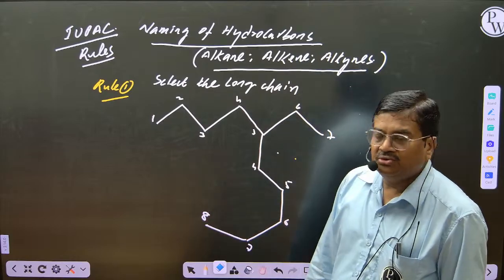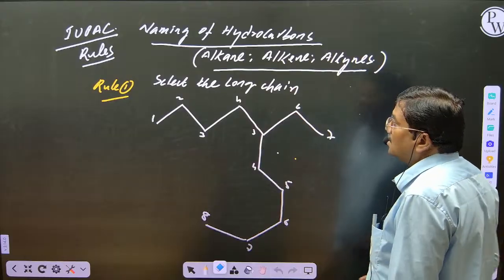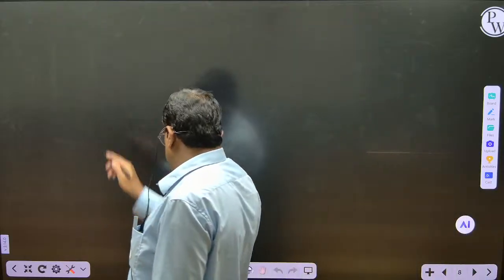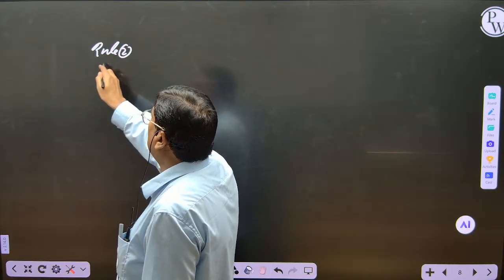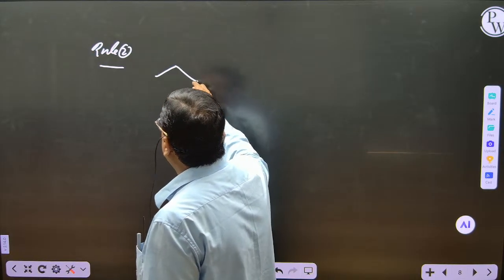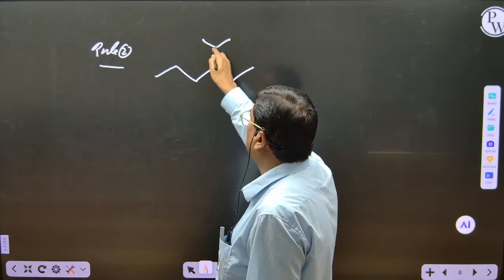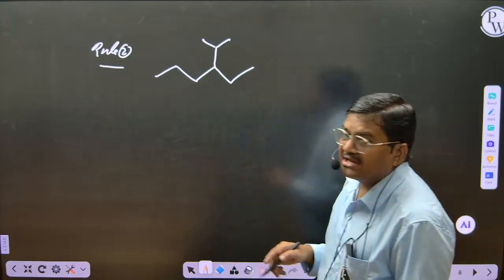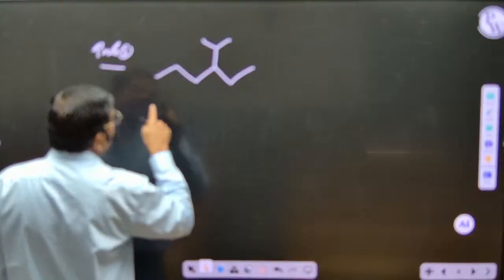Now write rule 2. Observe rule 2 carefully. I give you a bond line with 1, 2, 3, 4, 5. Now student, select the long chain. Tell me, if I go straight, how many carbons am I getting?